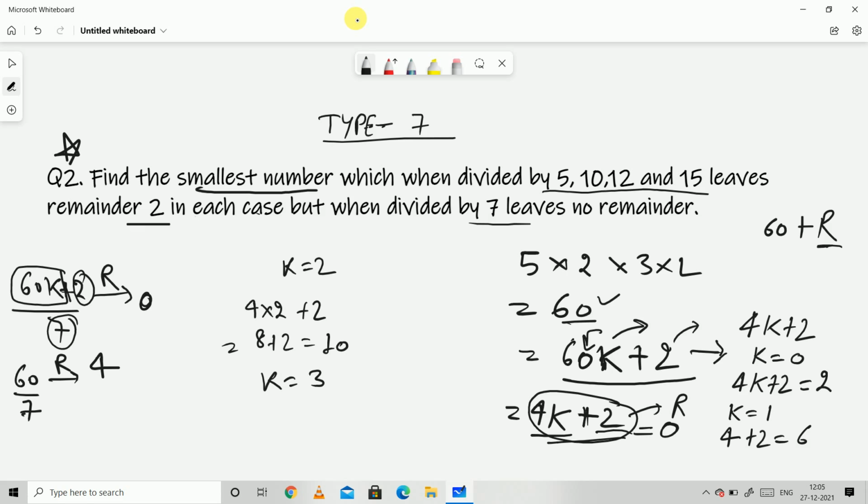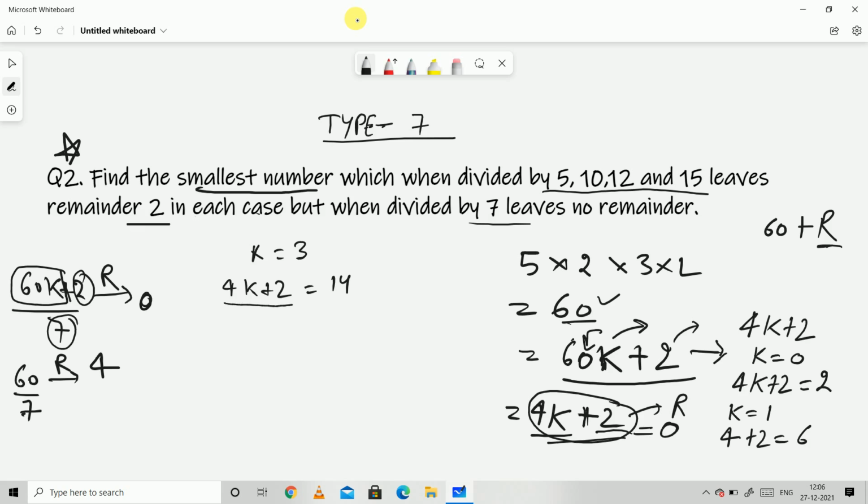Now put k equals 3. So 4 into 3 plus 2 will be 14. Now 14 is divisible by 7, right? So what is the conclusion from here? 14 is divisible by 7. That's why if I keep k as 3, I am getting 4k plus 2 as 14, which is completely divisible by 7.